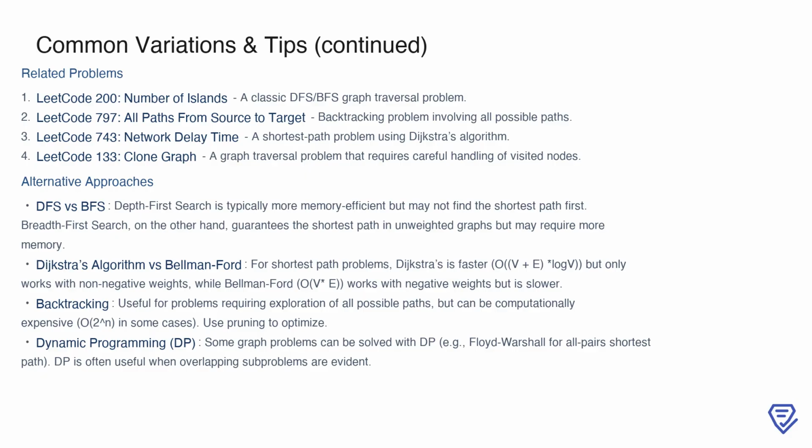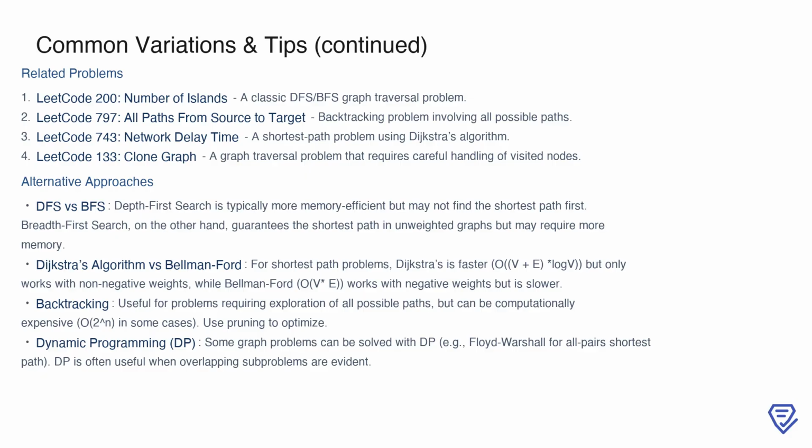When approaching these problems, it's helpful to understand alternative strategies. For instance, while DFS is memory efficient, BFS guarantees the shortest path in unweighted graphs. Similarly, Dijkstra's algorithm is faster for non-negative weights, whereas Bellman-Ford works with negative weights but has higher time complexity. Backtracking is useful for exploring all possible paths, though it can be computationally expensive, so pruning can help optimize it.